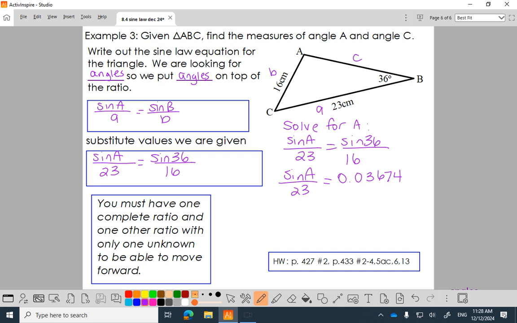I'm not going to clear my calculator. I'm just going to multiply by 23. You can cross multiply, yep.